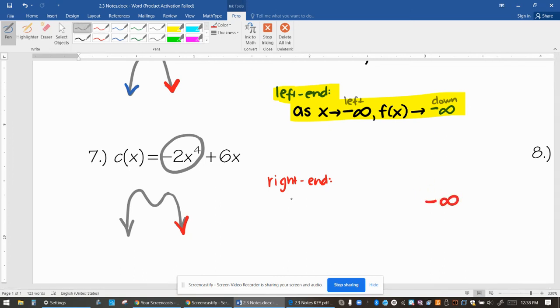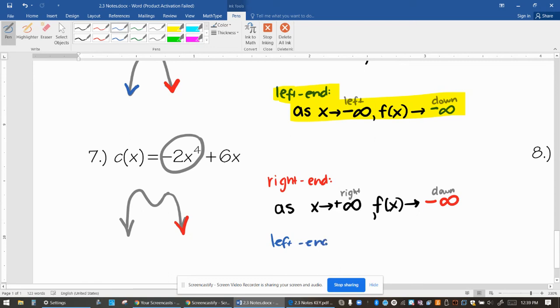But first, before I talk about the y values, I need to talk about the x's. So as I move to the right, remember right end behavior on the x-axis, that's positive infinity. Then talk about your y values going down towards negative infinity. Quartics are even degree functions.